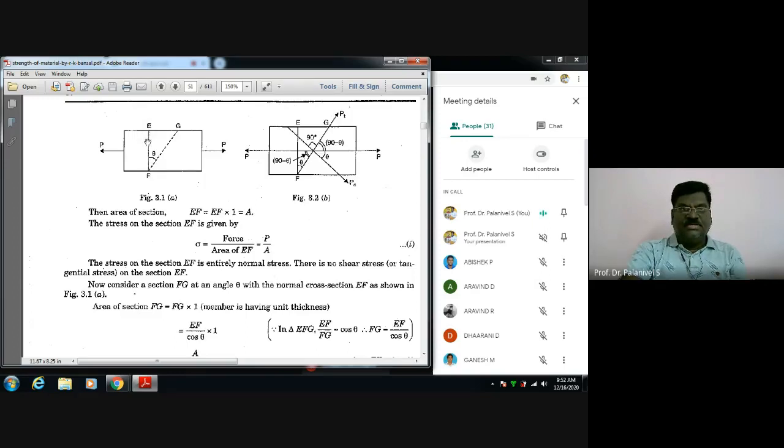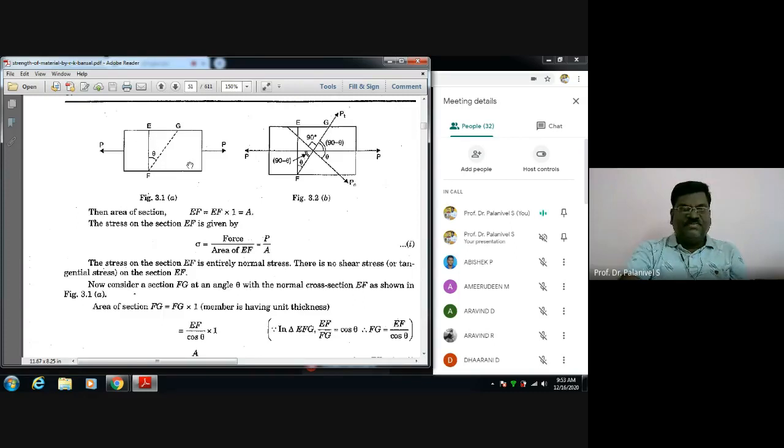You know how to get the stress on this: P divided by the area of cross section EF. Just assume the thickness of the element perpendicular to the plane of the monitor, perpendicular to the paper in the textbook, is unity.